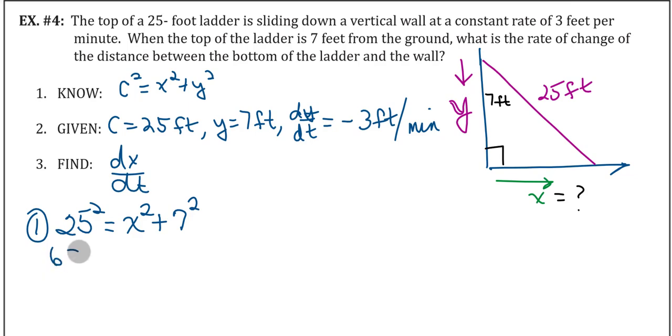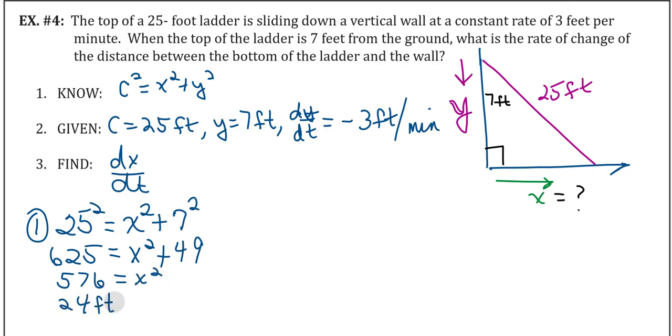And so I'm going to solve the Pythagorean theorem for x for this case. And I get x squared is 576. So x is 24. That's one of our Pythagorean triples. If you knew that, you didn't have to do this step. You could have just written down that x was 24.